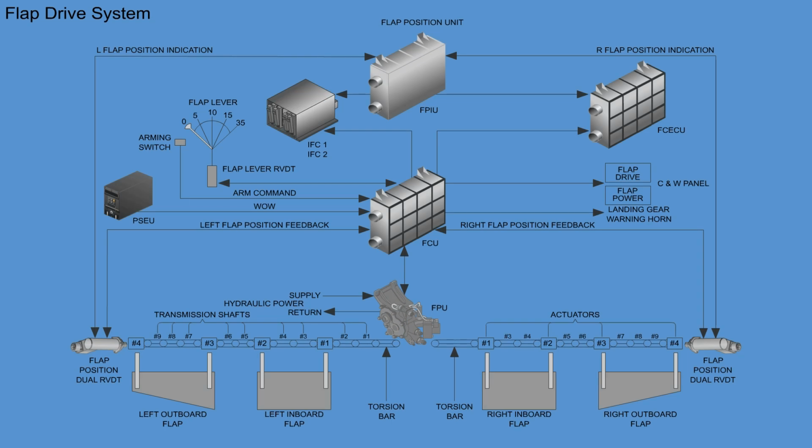The flap actuators receive the mechanical input from the transmission shafts and the torsion bars. The number 1 and number 2 flap actuators on each wing operate the inboard flap section, and the number 3 and number 4 flap actuators on each wing operate the outboard flap section.